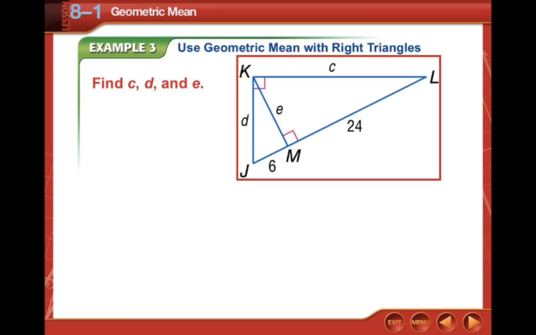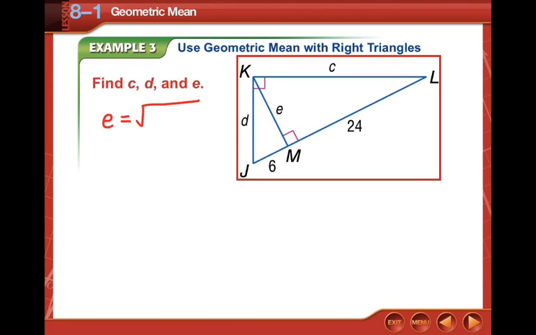Here we have triangle JKL. We want to find E, C, and D. They're all different parts of the overall triangle. E is the altitude, D and C are the legs. So what we're going to do first is look at E, since it doesn't require us to do any additional math. We just have to do a geometric mean.